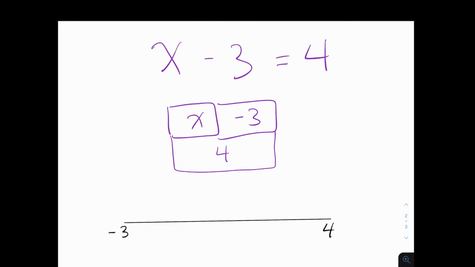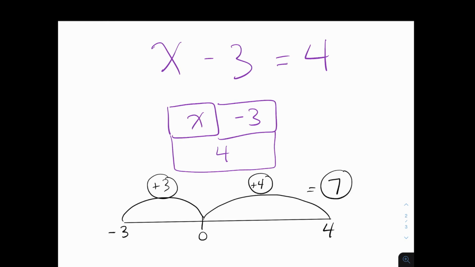Now let's get to 0. What do I have to add to negative 3 to get to 0? 3. What do I have to add to 0 to get to 4? 4.